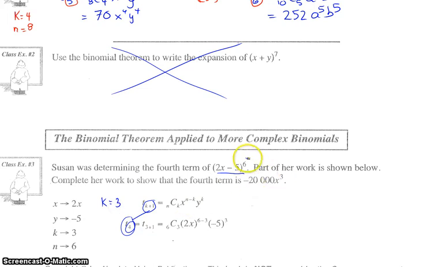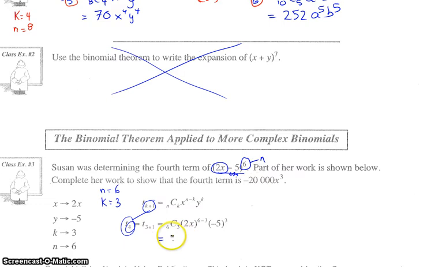Looking at your n, your original exponent, n is equal to 6. So we would have 6 choose 3. Instead of x this time, though, we have 2x. So you would write 2x in brackets, and then n minus k, so 6 minus 3, and then negative 5, our second term in the binomial, to the k, which is 3.